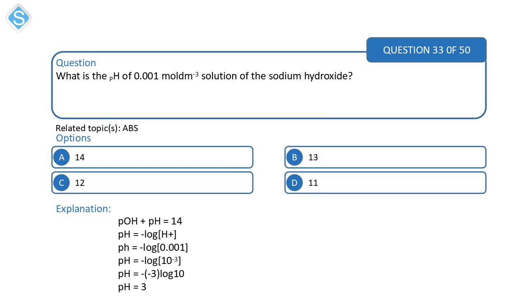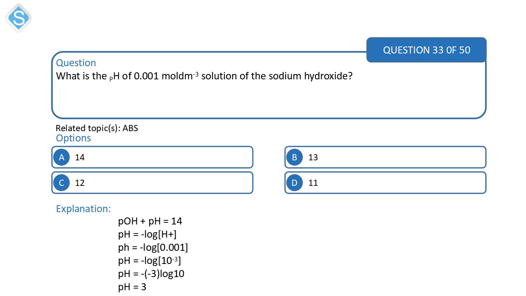We say the pH is minus the log of the hydrogen ion concentration, and the concentration here is 0.001. So this is minus log 0.001. Now 0.001 is 10 raised to the power minus 3. 10 raised to the power minus 3 means 1 over 10 raised to the power 3, and 10 raised to the power 3 is 1000. That is 1 over 1000, which gives you 0.001.